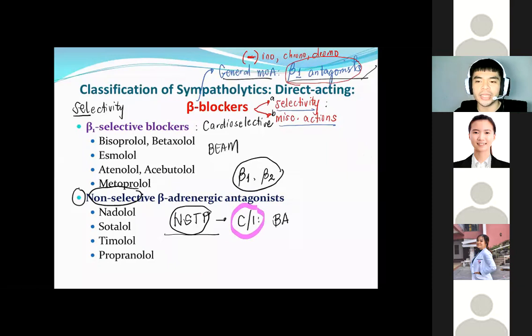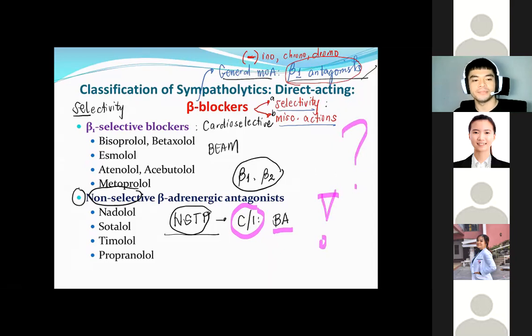Ito yung isang sitwasyon na meron ng tao na nagiging dahilan kung bakit bawal ang gamot sa kanya. Halimbawa, sa taong may bronchial asthma, huwag mo siyang bigyan ng kahit ano sa NSTP. Bawal. Major contraindication.